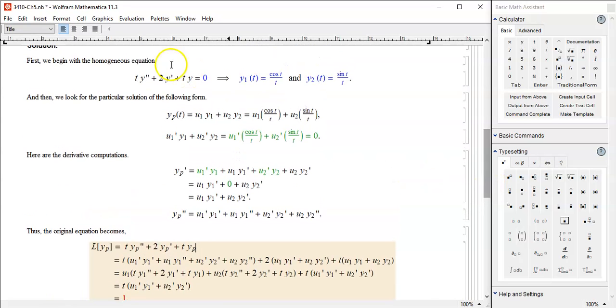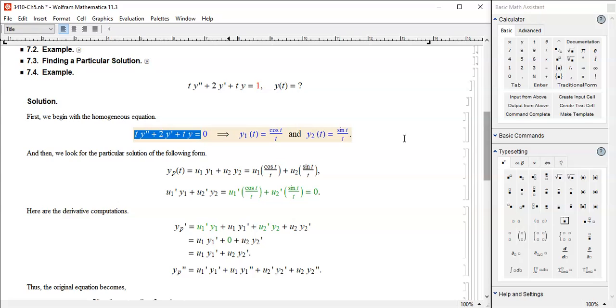Well, let's see. t y double prime plus 2y prime plus t y. Oh no, this is not it. t y double prime plus 2y prime plus t y is equal to 1. That's the original equation.